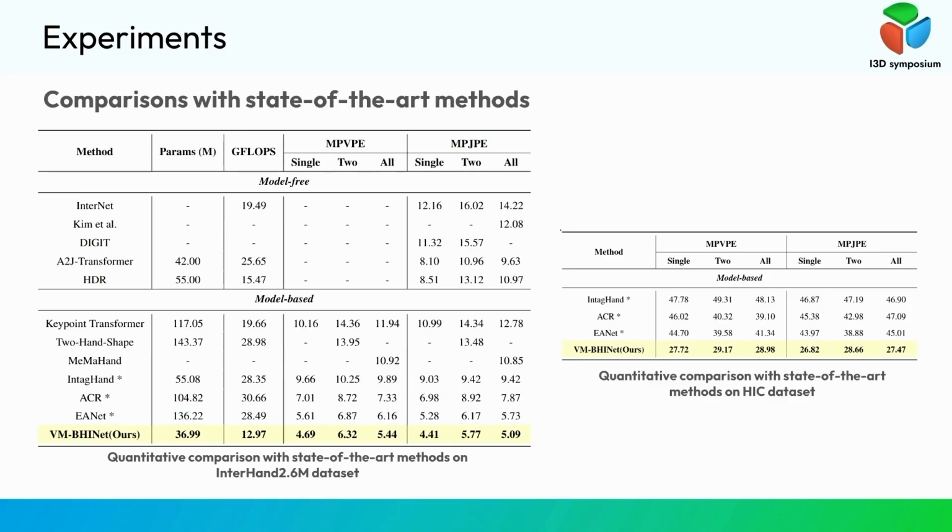The results, displayed on the left for the InterHand2.6M dataset and on the right for HIC, clearly show that VMBHINet delivers competitive performance across various evaluation metrics, including parameter count, GFLOPs, MPVPE, and MPJPE, showcasing its robust modeling capabilities. This demonstrates the model's strong capabilities and efficiency, further reinforcing its place as a robust solution for 3D hand pose and mesh reconstruction.